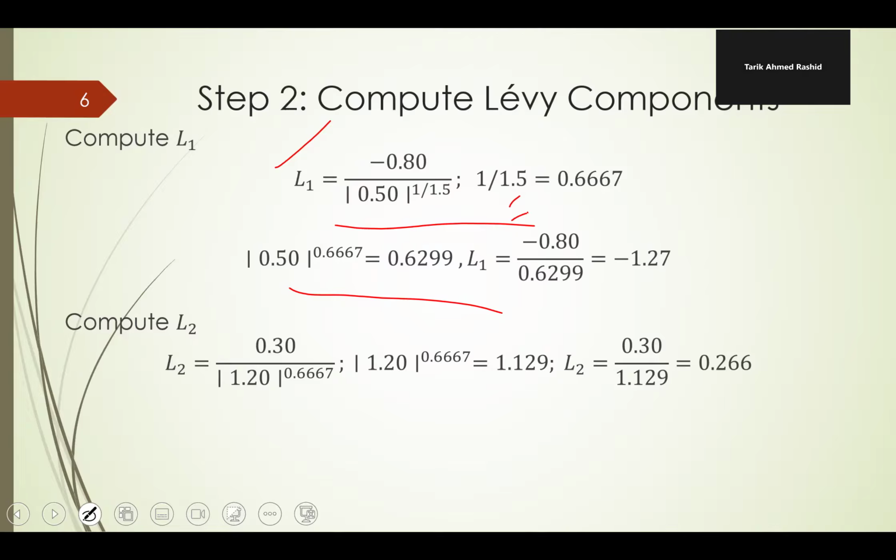Beta is 1.5, V is 0.5, and U is minus 0.8. So the first L is found. Likewise, the second L will also be found. It will be 0.667 and 0.266. So that's how L1 and L2 are found.